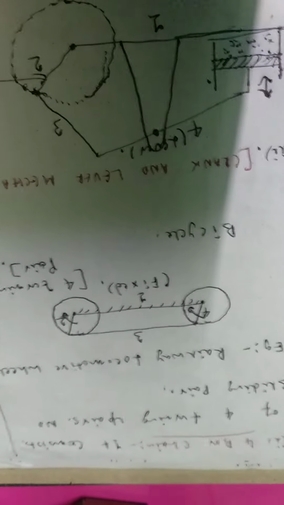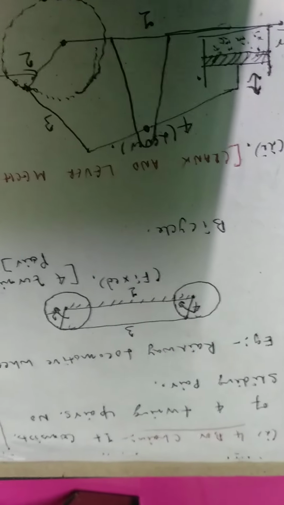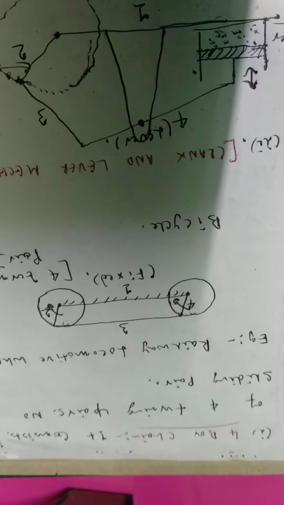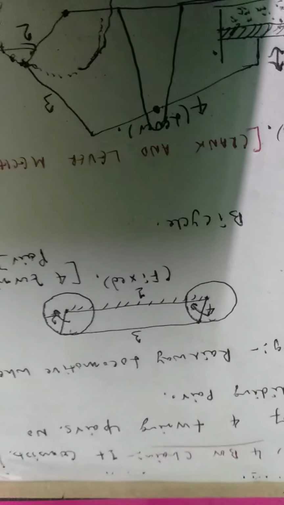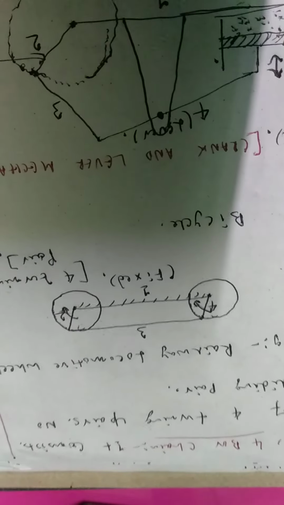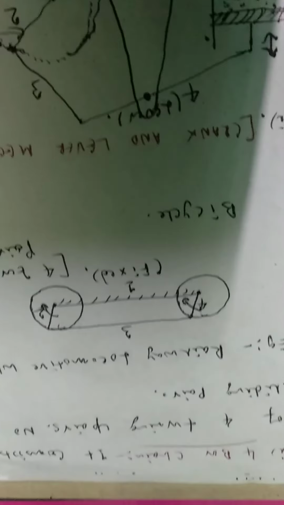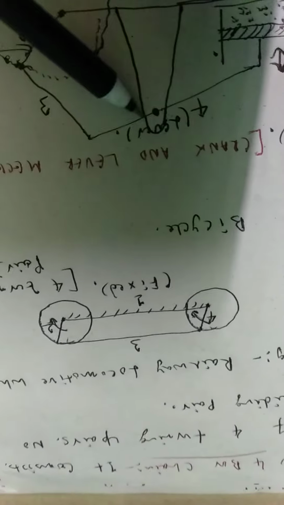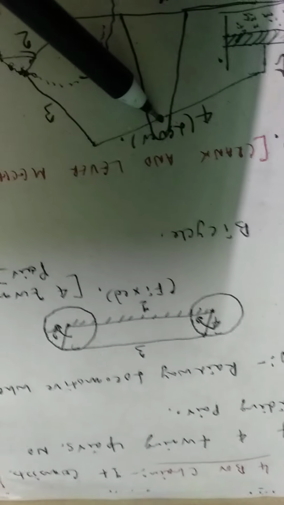In this mechanism, when the crank rotates about the fixed center, the lever oscillates about the fixed center D.